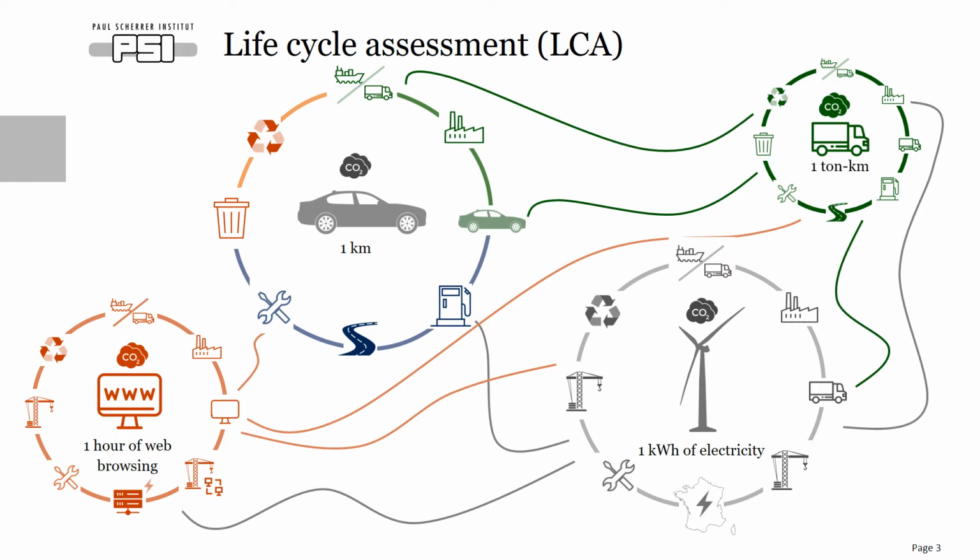In the same way, although the example might seem a bit far-fetched, there could be some web browsing for all we know in the life cycle assessment of a passenger car. It could be that the car's owner at some point will look up some local mechanics using his computer, or it could be that some web browsing was involved in manufacturing a wind turbine or a truck.